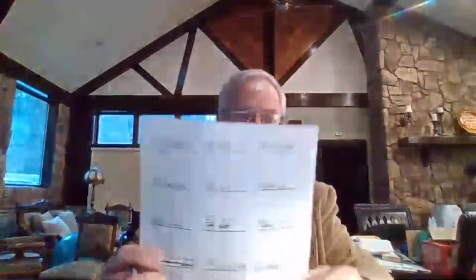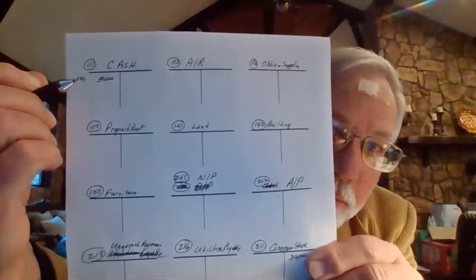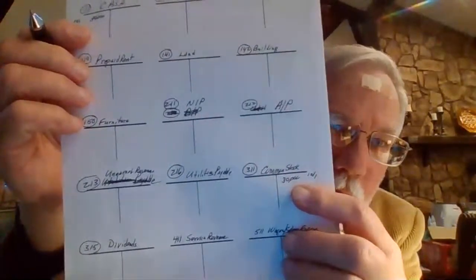So let's get cracking here. We had the cash account getting a debit of $30,000, and you can put the date there, December 1. The common stock account gets a credit of $30,000. So what I did, I took the debit from the journal, put the date, and took the credit from the journal for transaction 1, put the amount in, put the date.